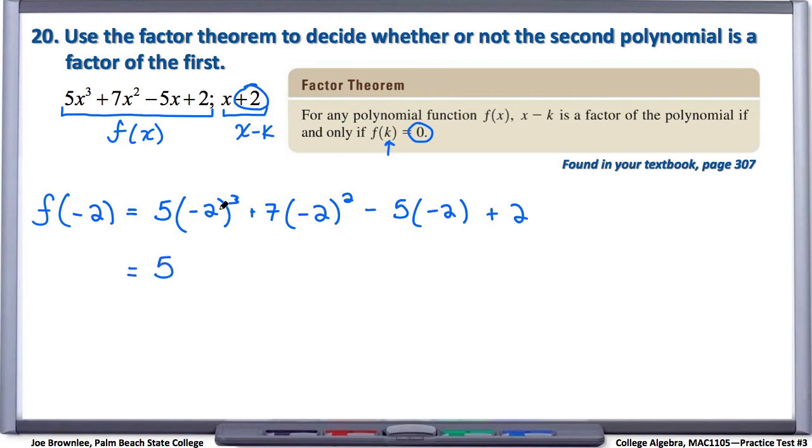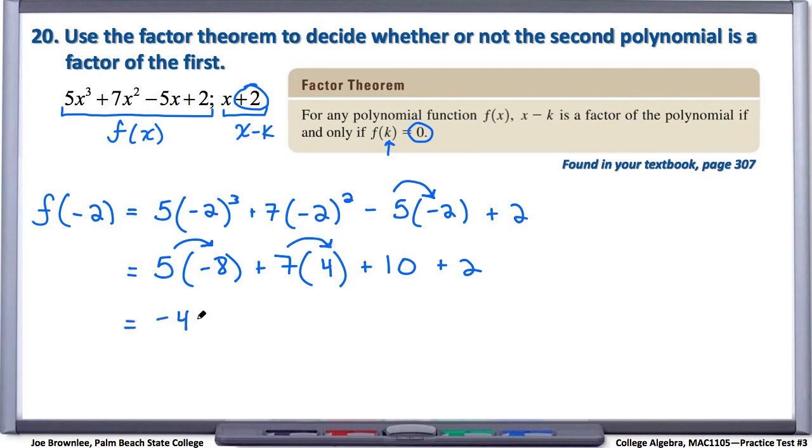Negative 2 cubed is negative 8, and negative 2 squared is positive 4. Here we can distribute, so we get plus 10 and then plus 2. So we have 5 times negative 8, negative 40, plus 28, plus 10 plus 2, which is 12.